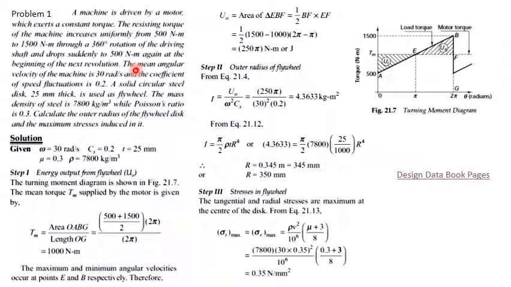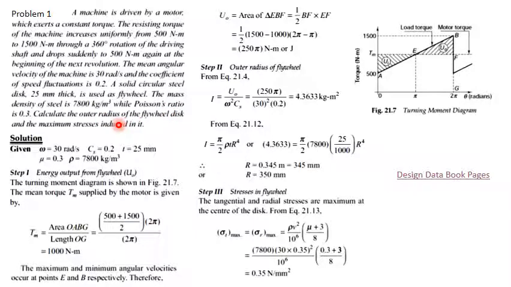The mean angular velocity of the machine is 30 radian per second, and the coefficient of speed fluctuation is 0.2. A solid circular steel disc of 25 mm thickness is used as flywheel. The mass density of the steel is 7800 kg per meter cube, while the Poisson's ratio is 0.3. It is desired to calculate the outer radius of the flywheel and the maximum stresses induced in it.